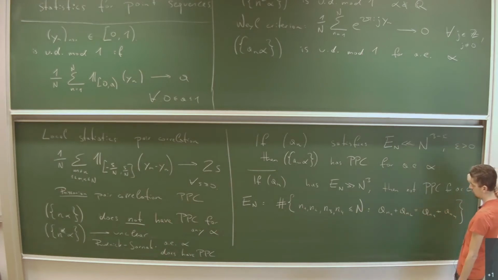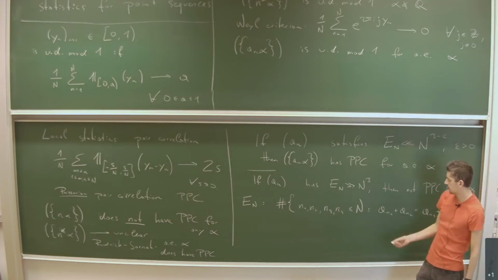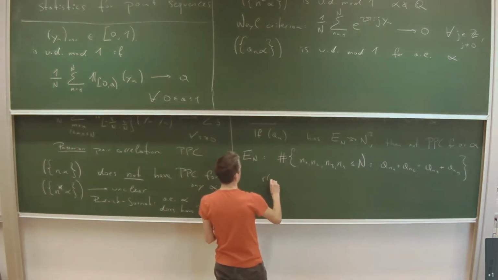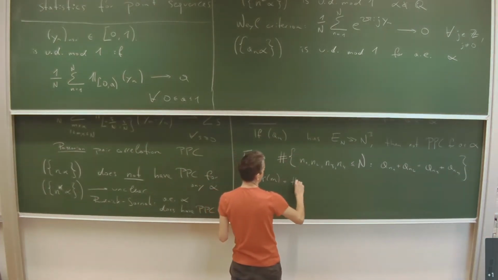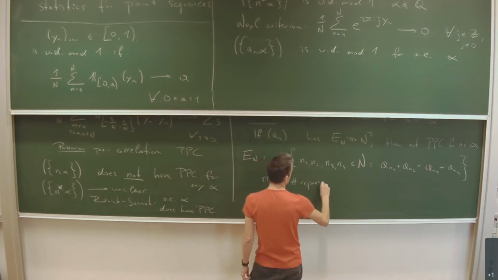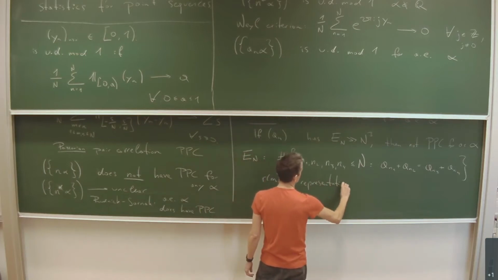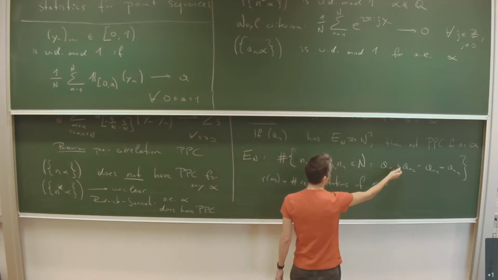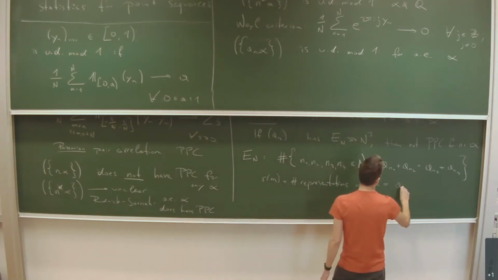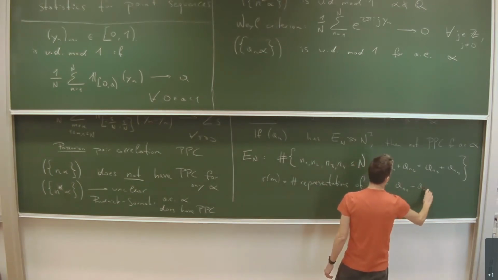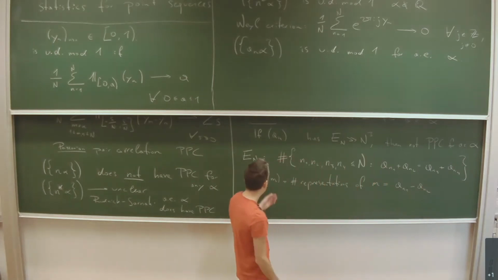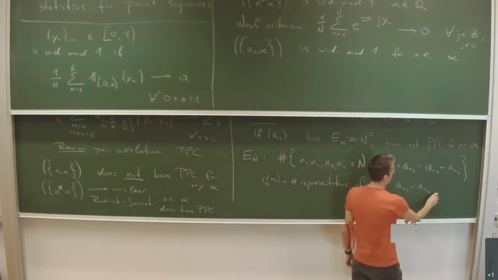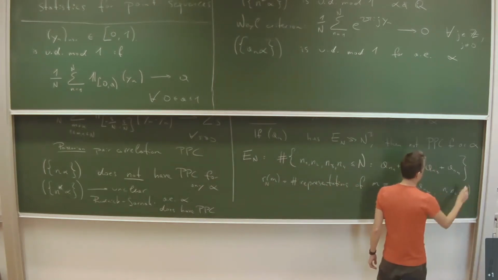So I guess you can see that if you write some function, I don't know, r of m, is the number of representations of m as a sum, or you can also rewrite this into a difference, of two elements of the sequence up to index capital N.